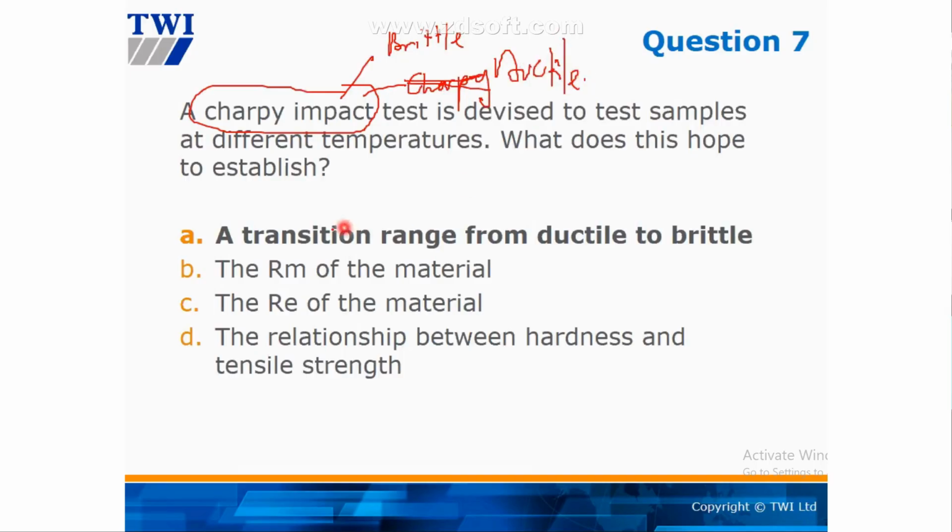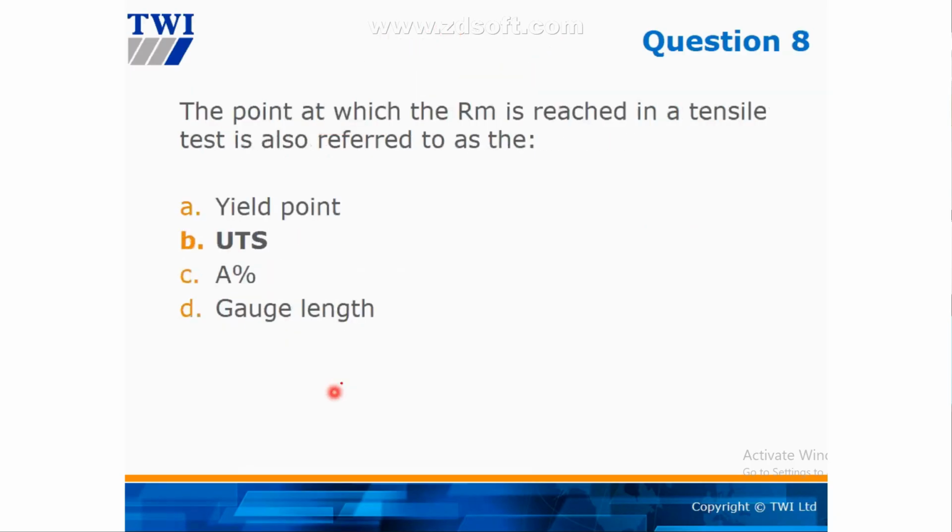Right? So that's where the answer goes to A. We're not looking at UTS or yield strength, okay? And also even D, relation between hardness and tensile strength. 8, what is the Rm? It's very straightforward question. The answer goes to B, UTS.